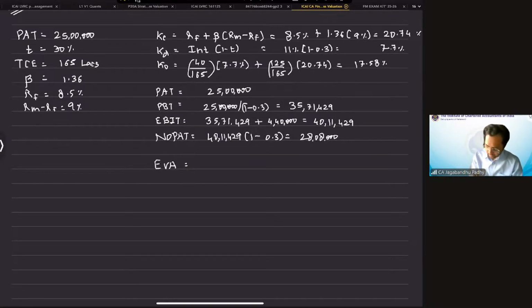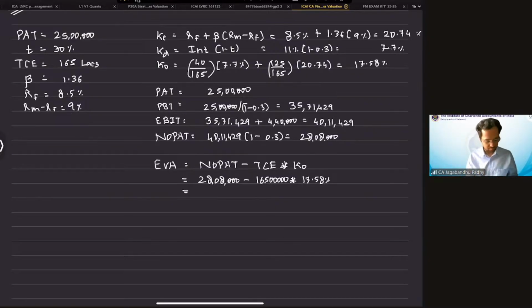So the economic value added will be NOPAT minus total capital employed into KO. NOPAT is 28,08,000 minus total capital employed of 165 lakhs into KO, which is 17.58%.